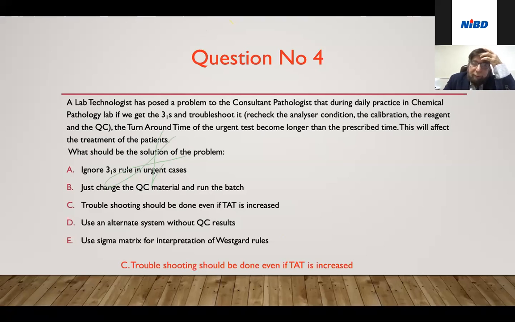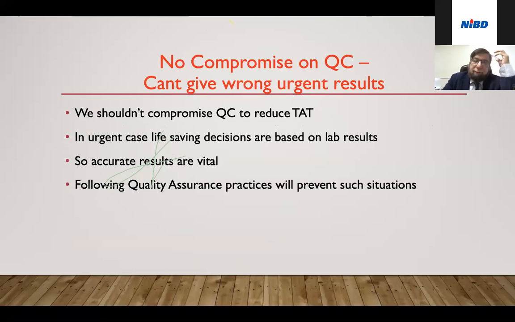The best answer is: troubleshooting should be done even if TAT is increased. You can't dish out a wrong result just to shorten the TAT. So this is the message: no compromise on QC. You can't give wrong urgent results. We should not compromise QC to reduce TAT.